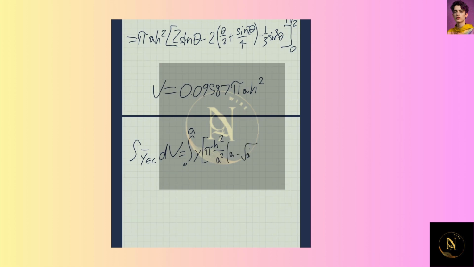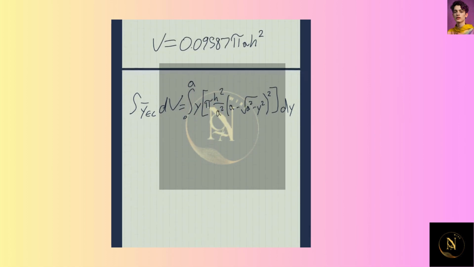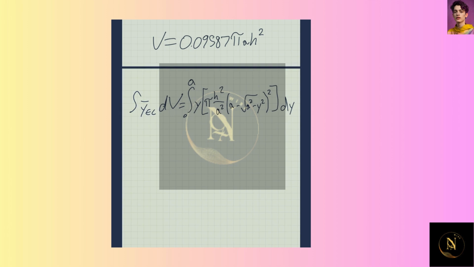And we solved for dv earlier, so we can just plug dv in. The only difference here is the additional multiplication of y to this integral from the integral before. And that will actually help us so we don't have to use the sine and cosine values to simplify the integral.